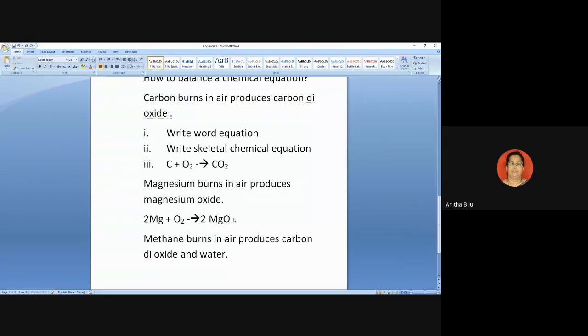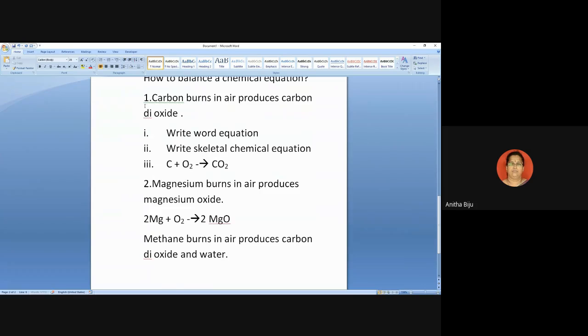Okay, let us make a trial with this. Third, methane burns in air, produces what? Carbon dioxide and water. All of you will try to write. I will ask 3 more students to complete the answer. So this is first, second, and this is third.